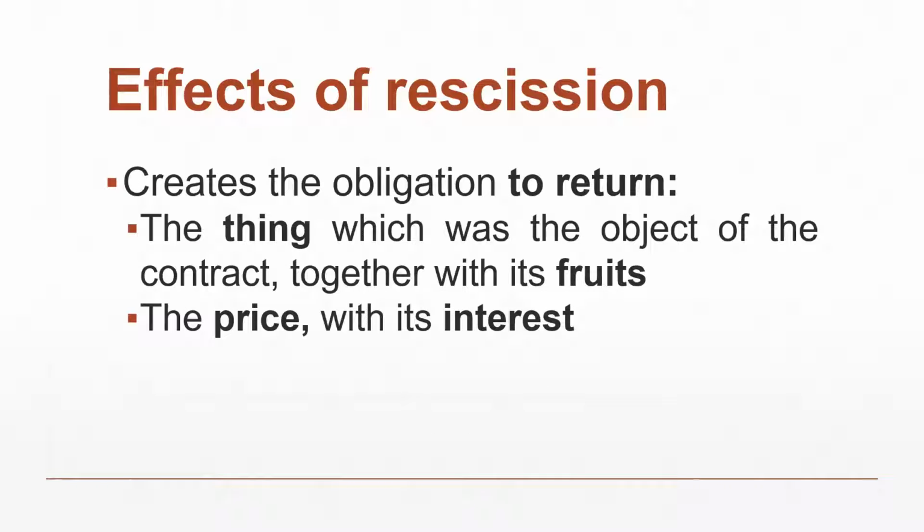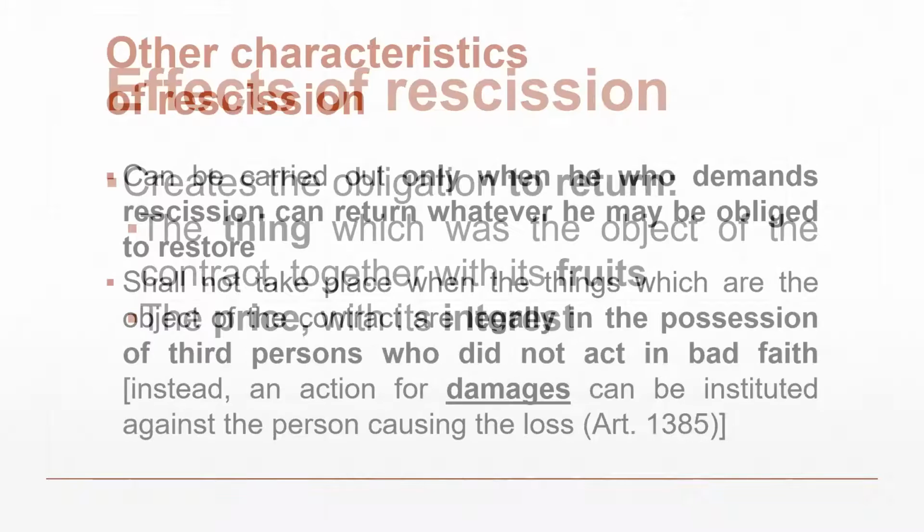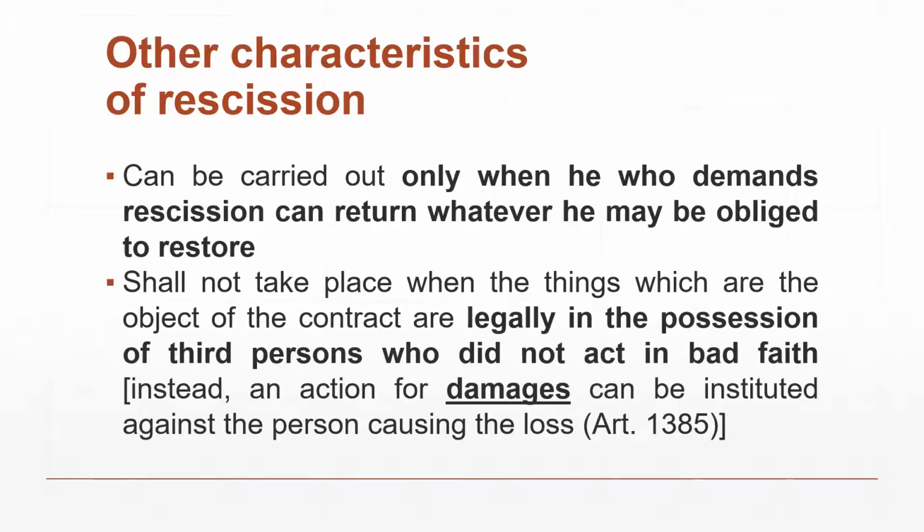Now, rescission in this context creates the obligation to return the thing itself, which was the object of the contract, together with its fruits, if any, as well as the price with its interest, again, if any. So what are other characteristics of rescission?